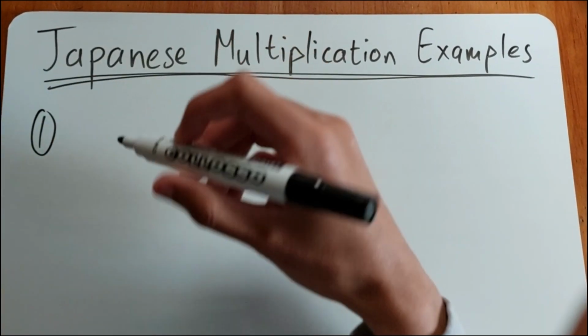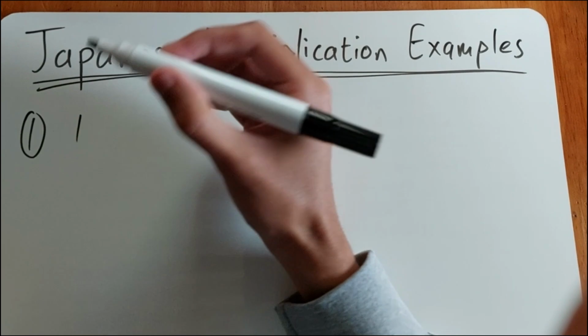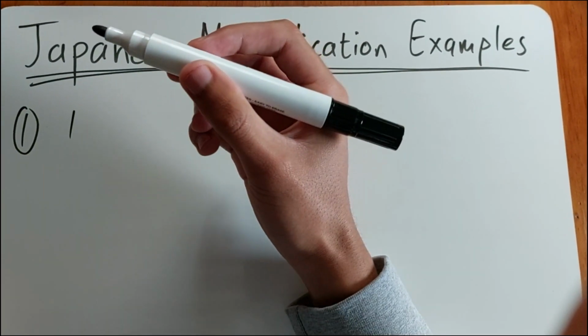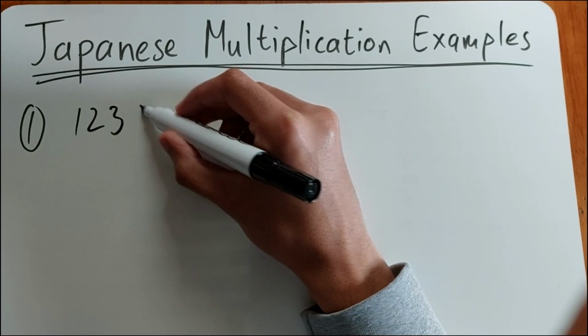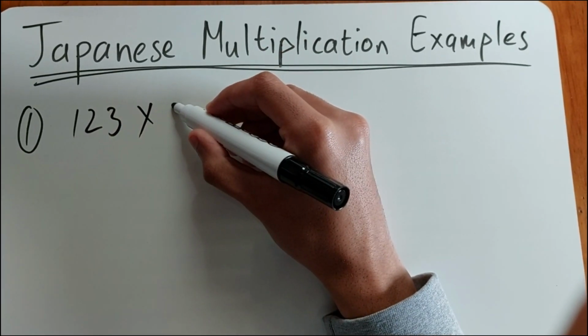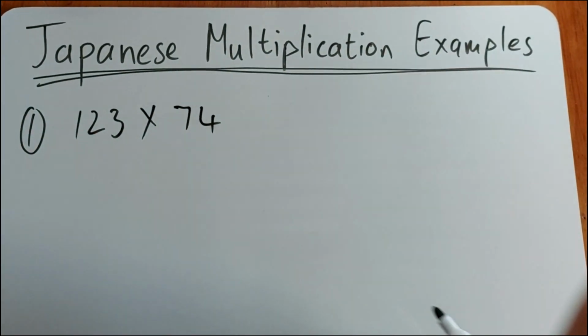For the first example, let's take a 3-digit number and multiply it with a 2-digit number.